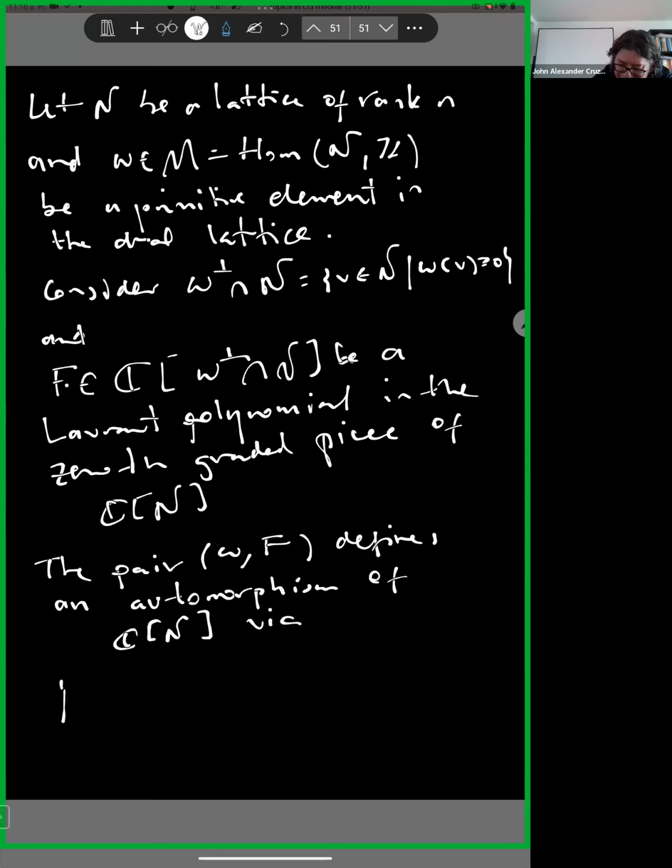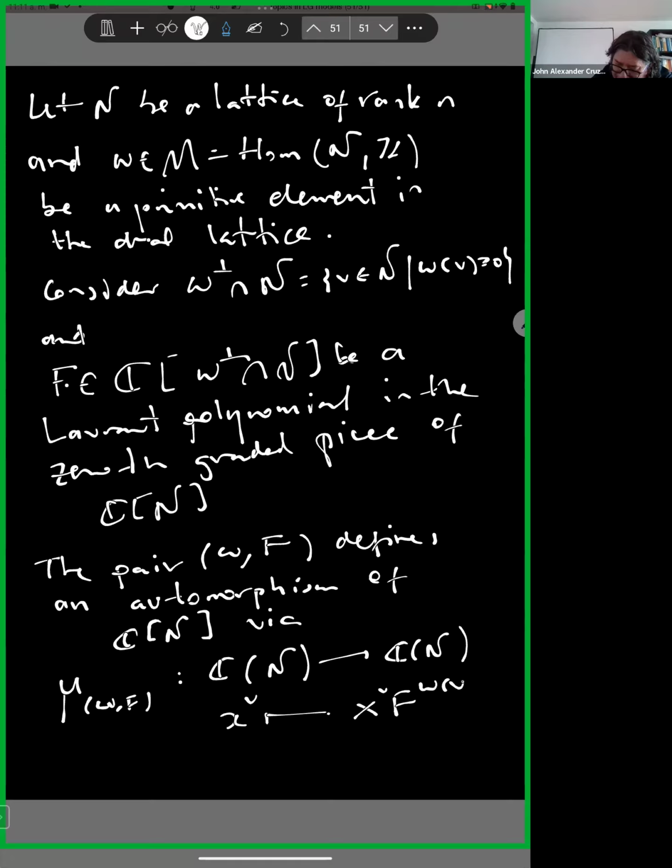Let me call it mu, because it will be the mutation. It depends on this pair. The automorphism is a rational function, not just polynomials, taking x to the b times F to the omega of b.